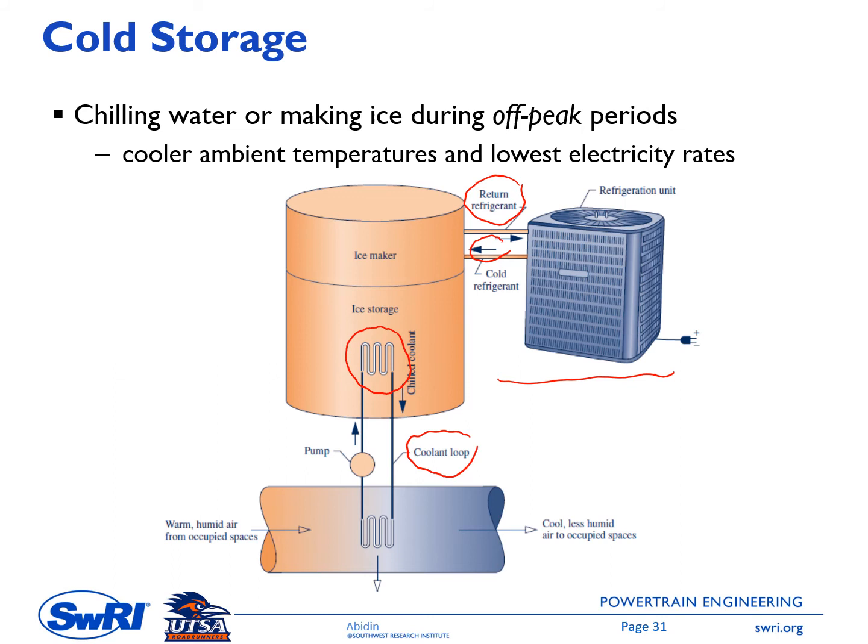And then on the other side we have warm humid air from maybe an occupied space, and then we remove the heat from this humid air, and then at the exit of this tunnel we have cool and less humid air going back to the occupied space.